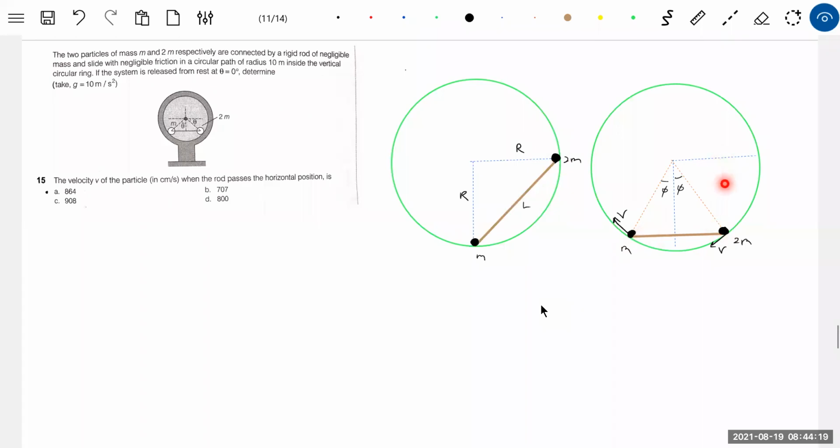How much will the potential energy of this decrease? We have taken this angle as phi. This is r, so this should be r cos phi. So what is the height it will descend? R cos phi.